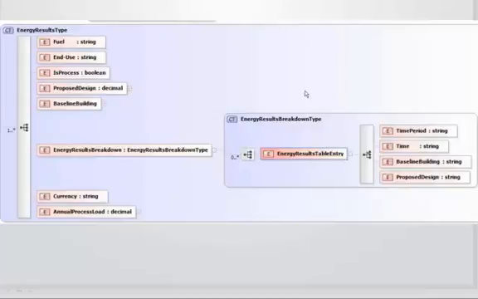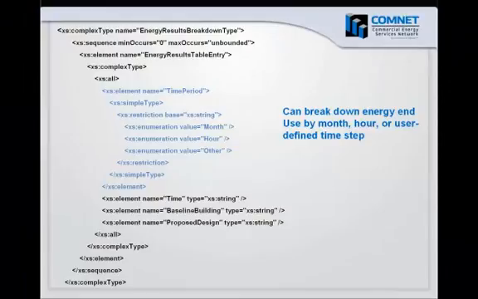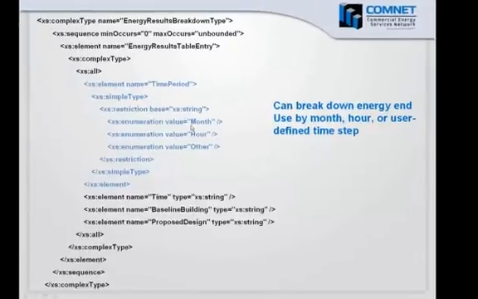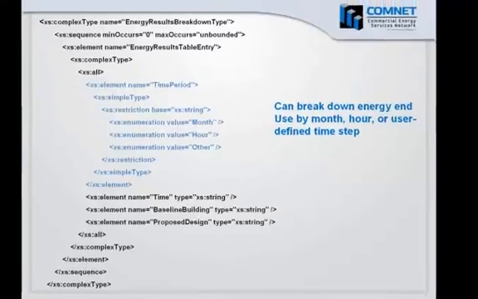With this, we've made it flexible so that you can report not just monthly, but you have the capability to report hourly data within this data structure. And again, this just represents in the schema what I've just said, being able to show an end-use breakdown for any user-defined time period, either monthly, hourly, or other.